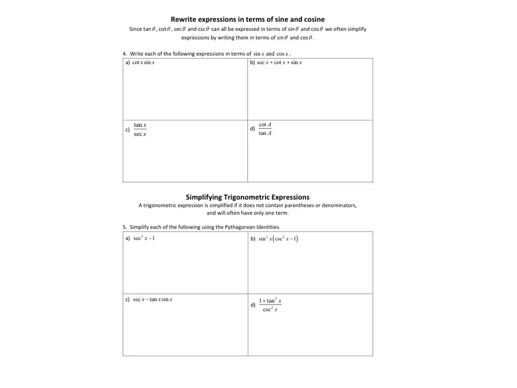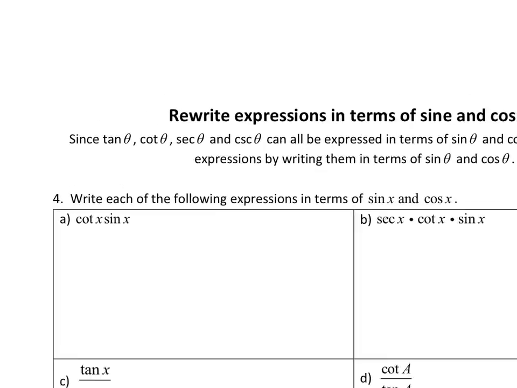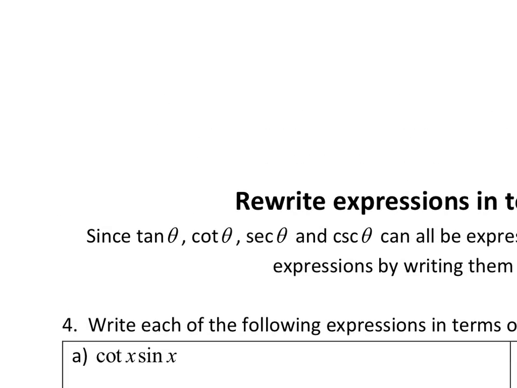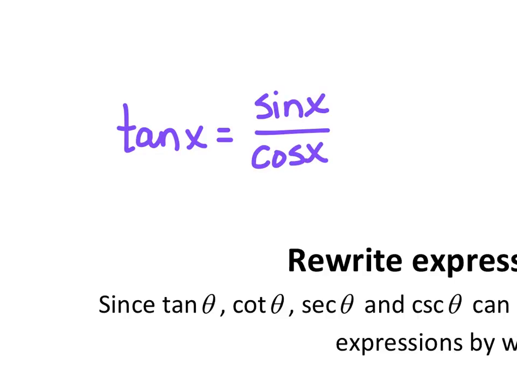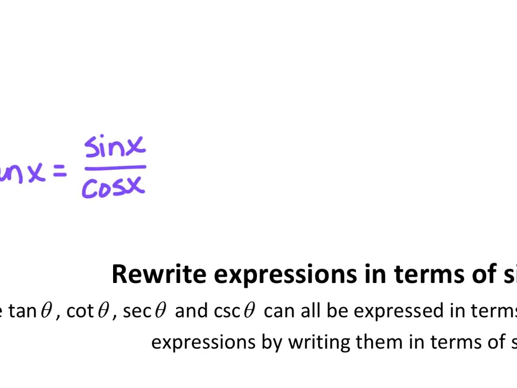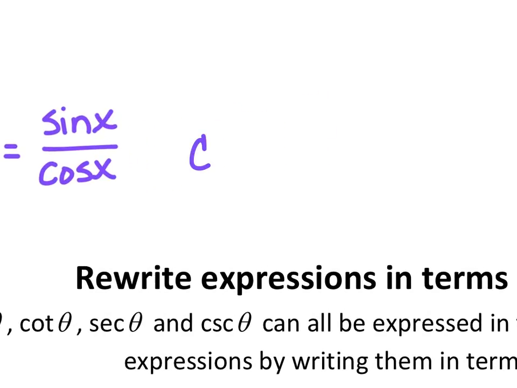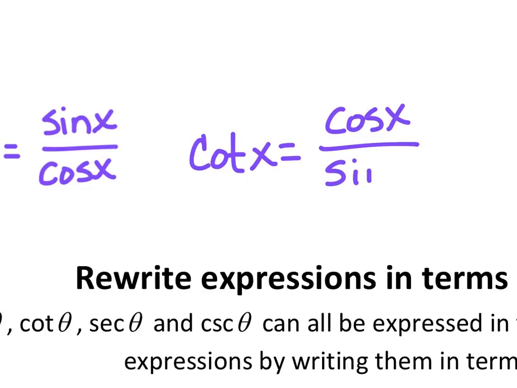And so it might help you in this case to remember that the tangent of x is always equal to sine of x over cosine of x. That cotangent of x equals cosine of x over sine of x.